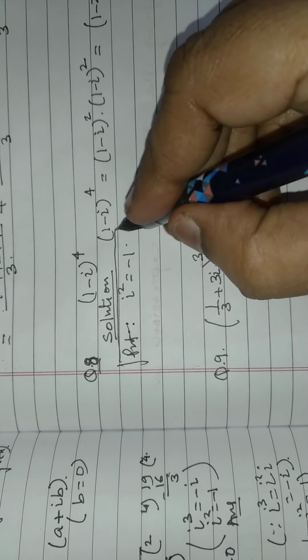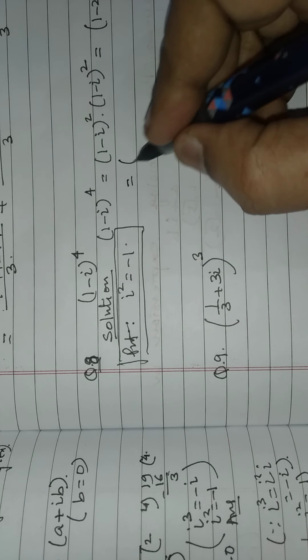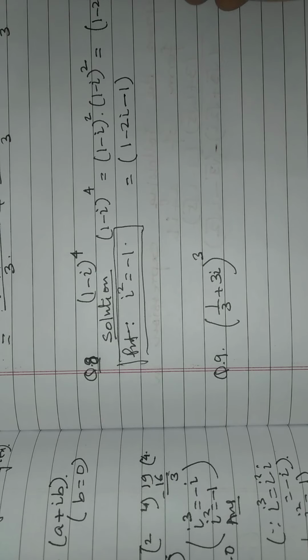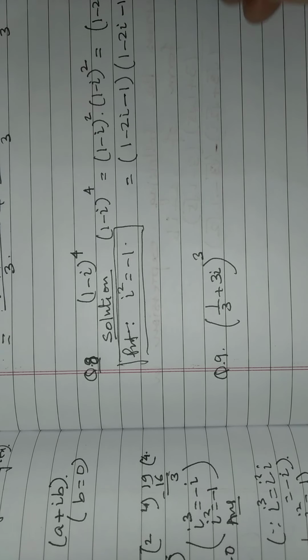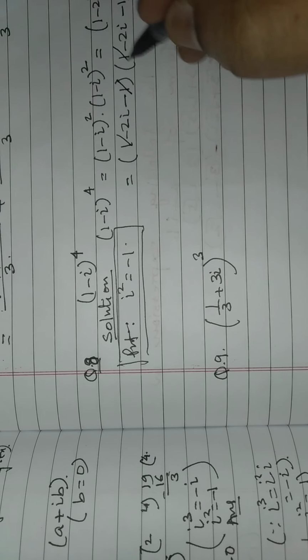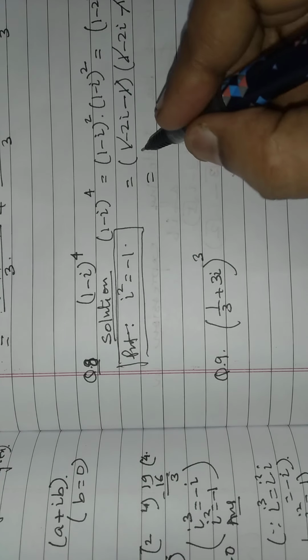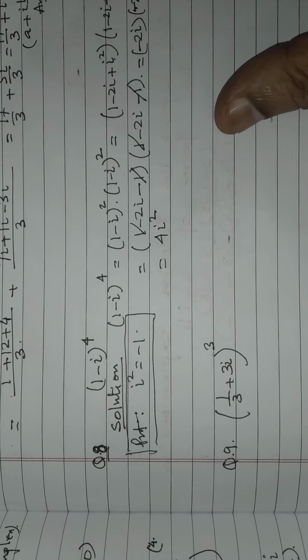So we will write 1 minus 2i and then minus 1 in place of i square, 1 minus 2i, then minus 1. So this and this will cancel, this and this cancel. So it is minus 2i and then minus 2i. So it is equal to 4i square. Minus minus multiplication means it is plus. So it is 4i square.